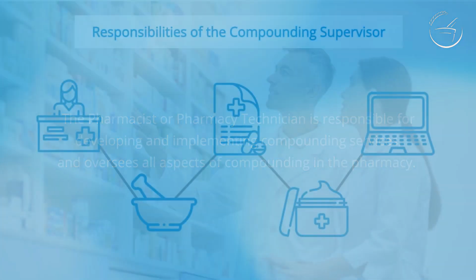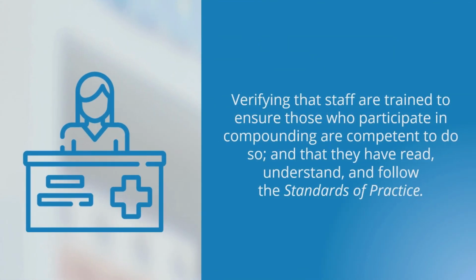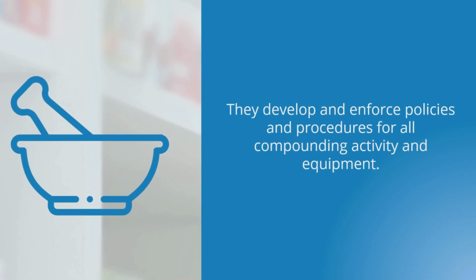Appendix B of the Standards of Practice lists the responsibilities expected of the compounding supervisor. Verifying that staff are trained to ensure those who participate in compounding are competent to do so, and that they have read, understand, and follow the standards of practice. They develop and enforce policies and procedures for all compounding activity and equipment.